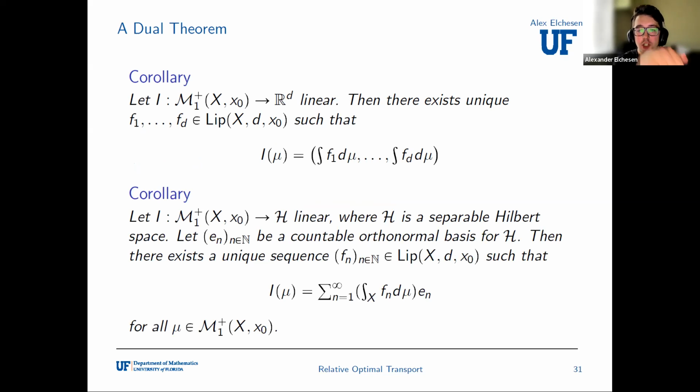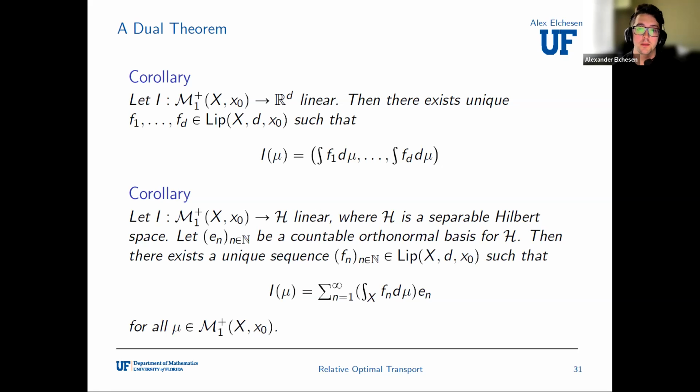Well, then if we just project onto the components and apply this theorem, we get a unique sequence of Lipschitz functions, so that I is given again by integration in each component against these Lipschitz functions. And even more generally, suppose we have a linear function into a Hilbert space, which is separable.